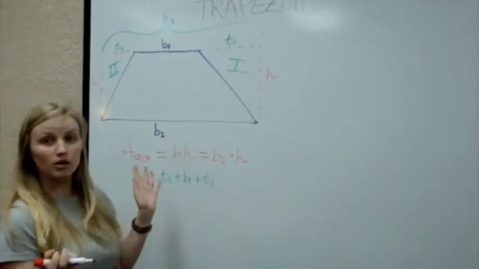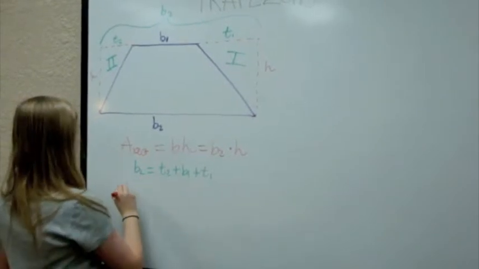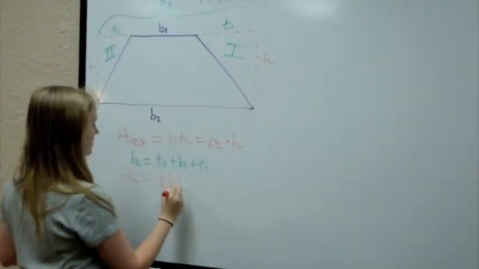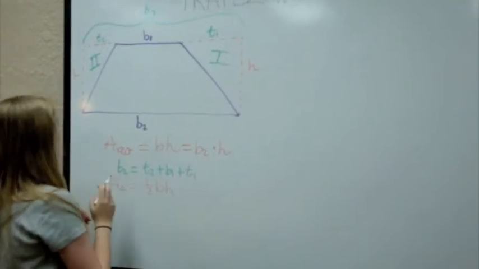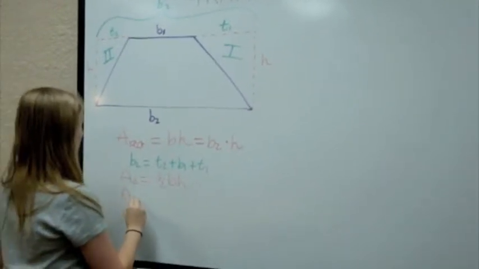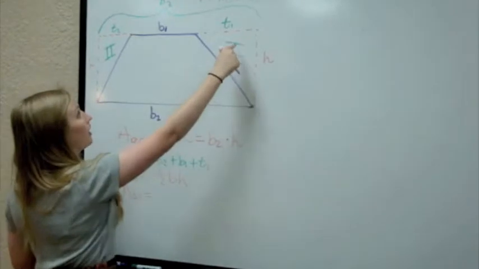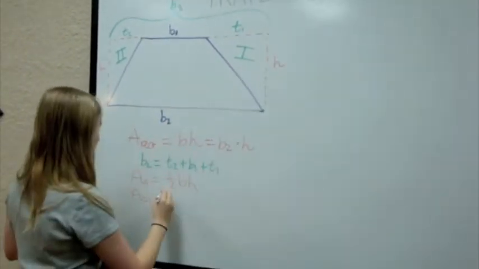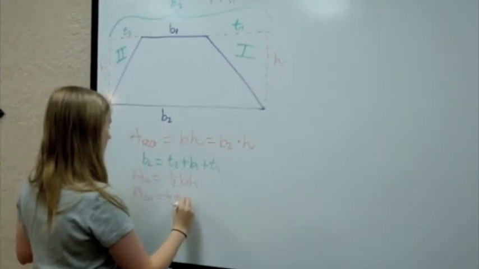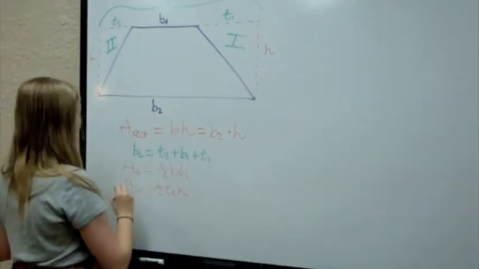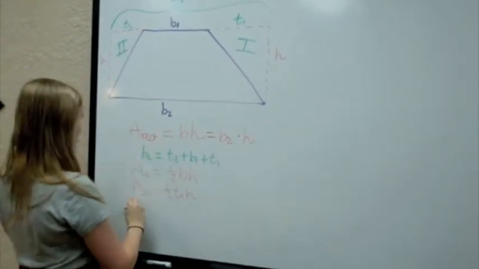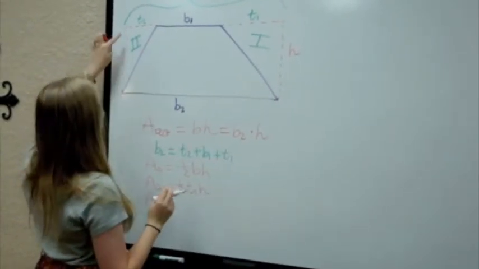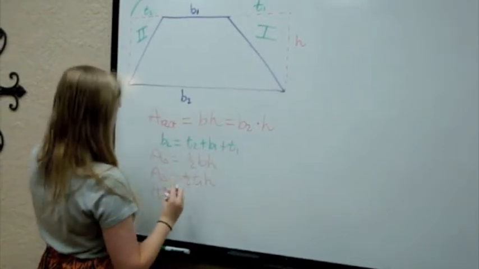So we have two triangles, and we know that the area of a triangle is 1/2 base times height. So the area for triangle 1 is 1/2 T1 times the height. And the area of triangle 2 is equal to 1/2 T2 times height.